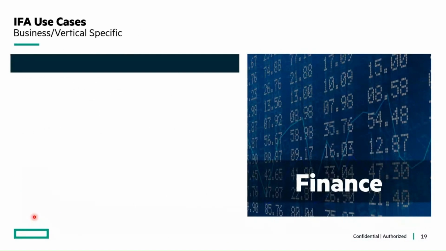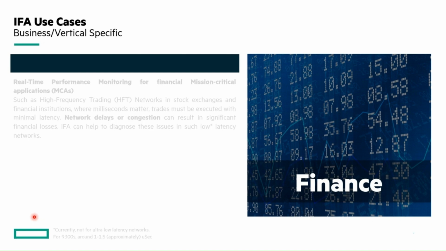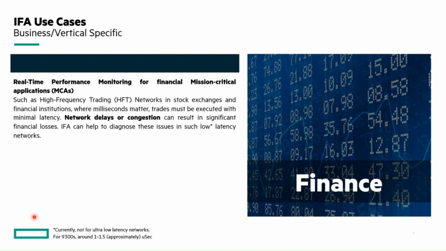Now, these can come into play in different verticals or businesses. So let's look into a little bit of them one by one. The first one is finance, where real-time performance monitoring for financial mission critical applications is required, such as high frequency trading networks in stock exchanges and financial institutions, where even milliseconds matter.